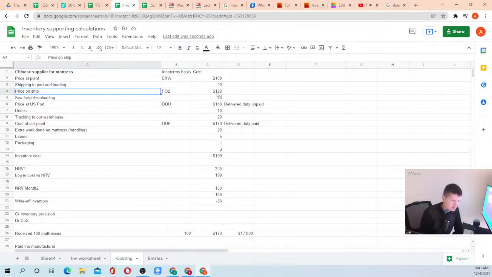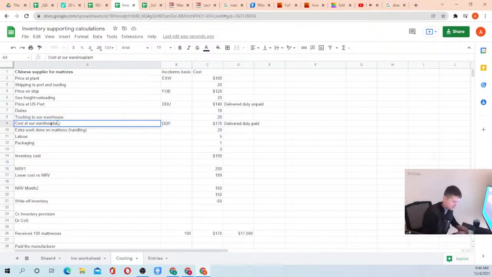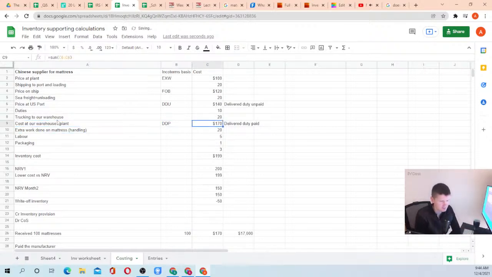Then we have shipping price. So price on ship, FOB basis, $120. Then we have freight to United States. Then we have price at United States port, $140. Then we have duties on that. Then we have trucking to our warehouse. Then we have cost at our warehouse. But at plant, if it's just some raw materials, it can be plant.